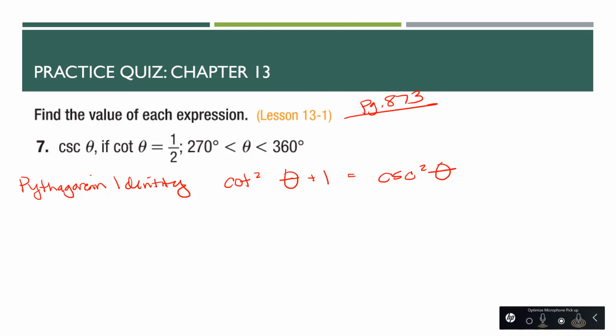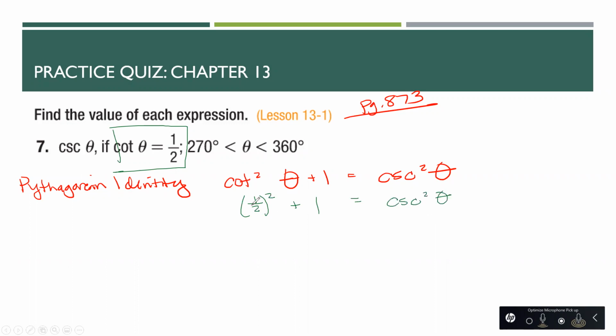All right, so now we're going to substitute. We're given cotangent of theta is equal to 1/2. So I'm going to replace cotangent with 1/2 squared plus 1 is equal to cosecant squared of theta.